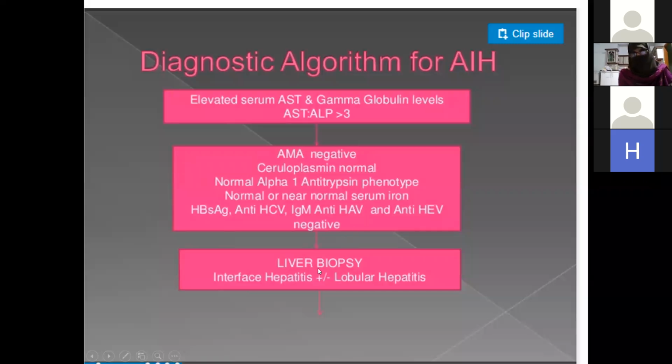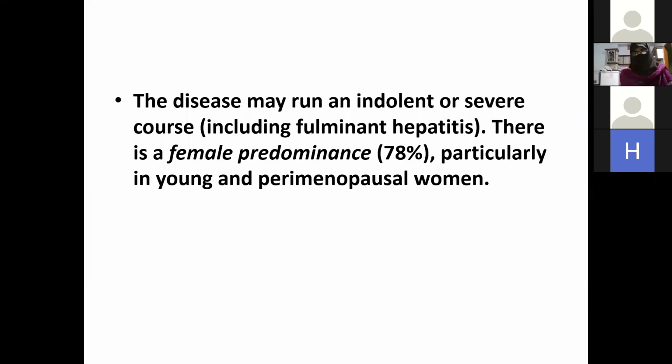And what will we find on liver biopsy? Interface hepatitis and lobular hepatitis, plus or minus. The disease may be indolent or severe. Viral hepatitis is usually slow in onset as compared to this; many cases of autoimmune hepatitis have an acute presentation.